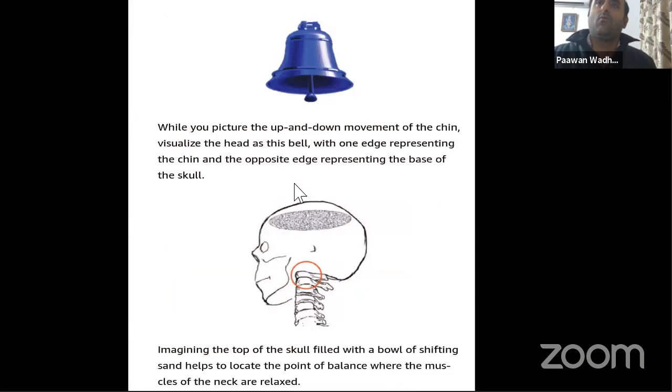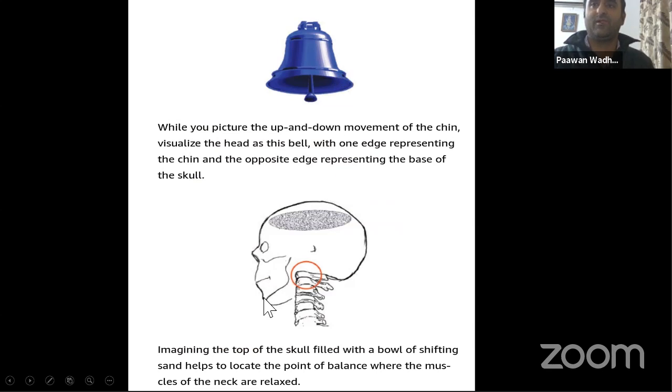So while you picture the up and down movement of the chin, visualize the head as this bell. Like when you're visualizing the chin's movement, like a bell. The front edge of the bell is representing the chin, and the opposite edge represents the base of the skull.